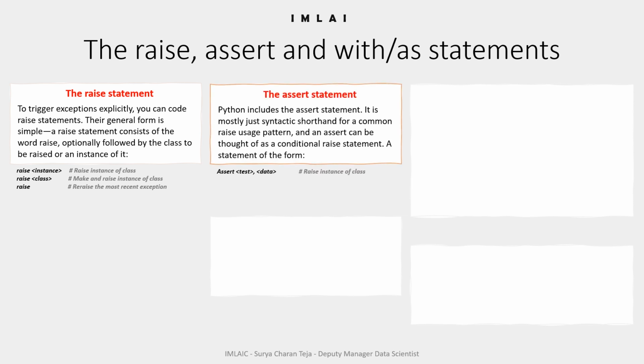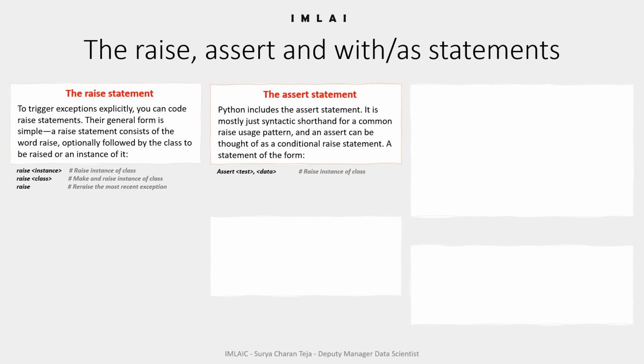So next, the assert statement. As something special for debugging purposes, Python includes the assert statement. It is mostly just syntactic shorthand for a common raise usage pattern, and an assert can be thought of as a conditional raise statement.